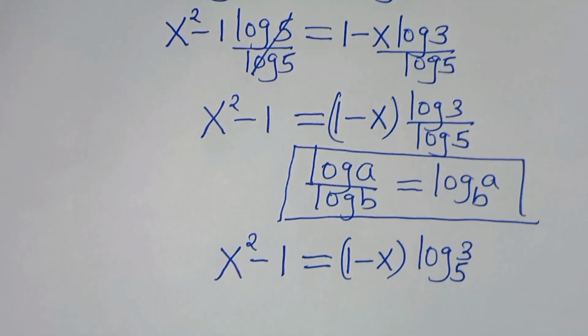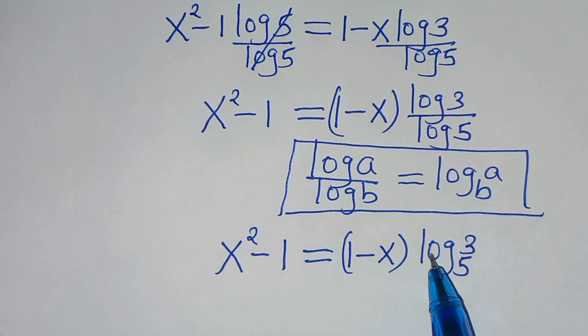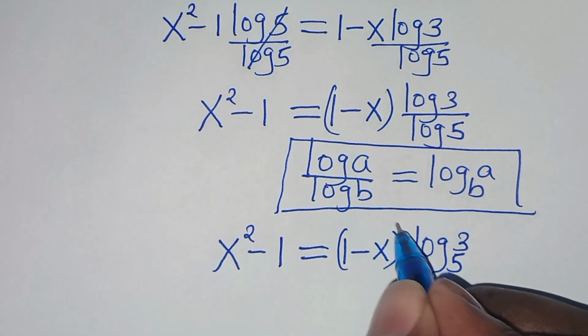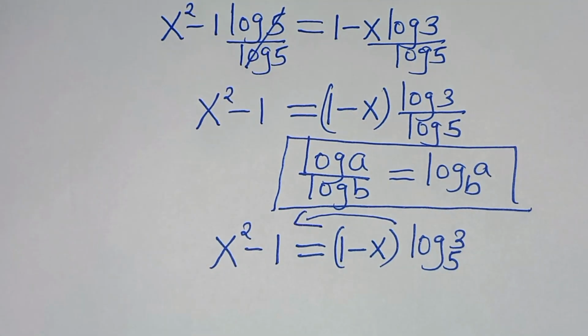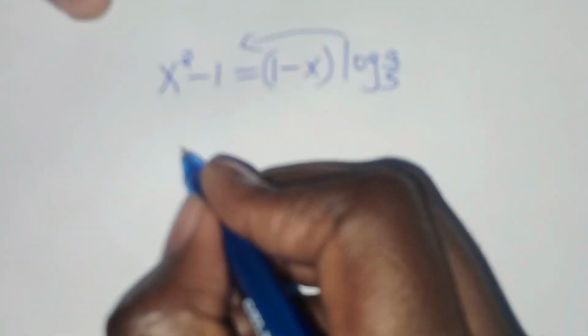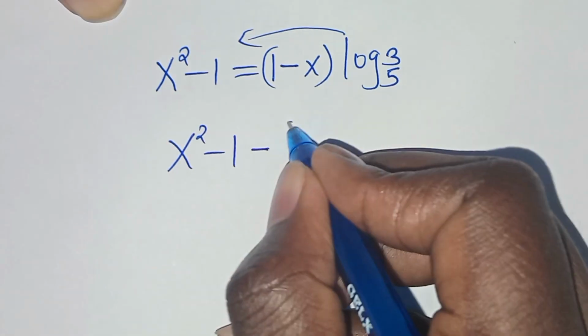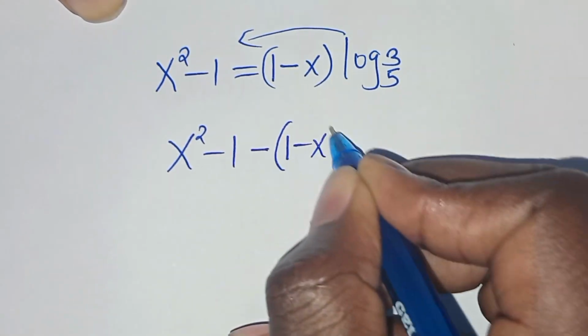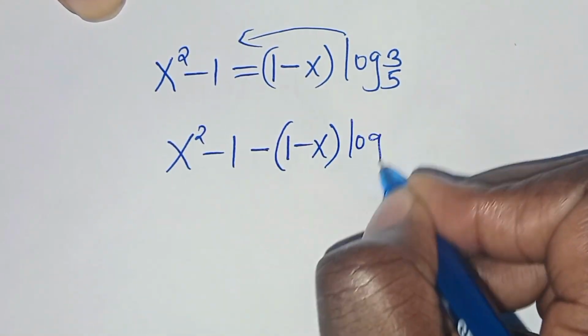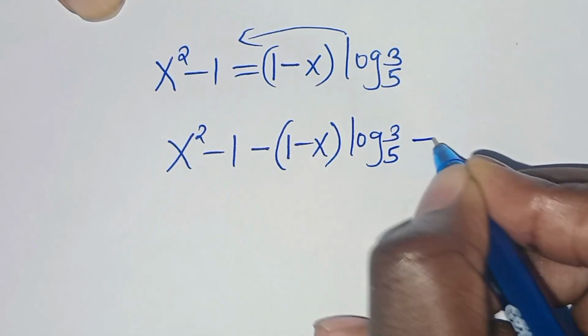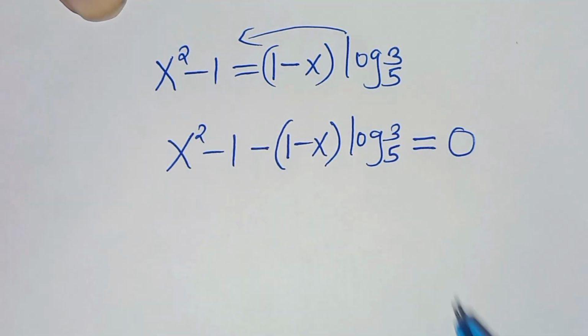The next step is to take 1 minus x times log 3 to base 5 to the left hand side. Therefore we have x squared minus 1, subtract 1 minus x times log 3 to base 5, equal to 0.